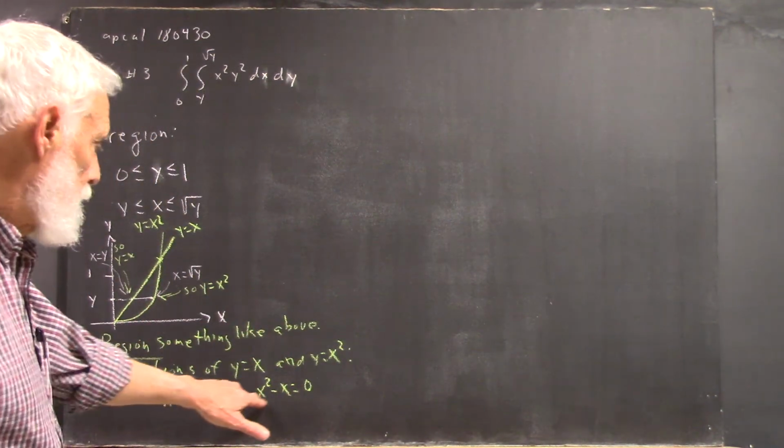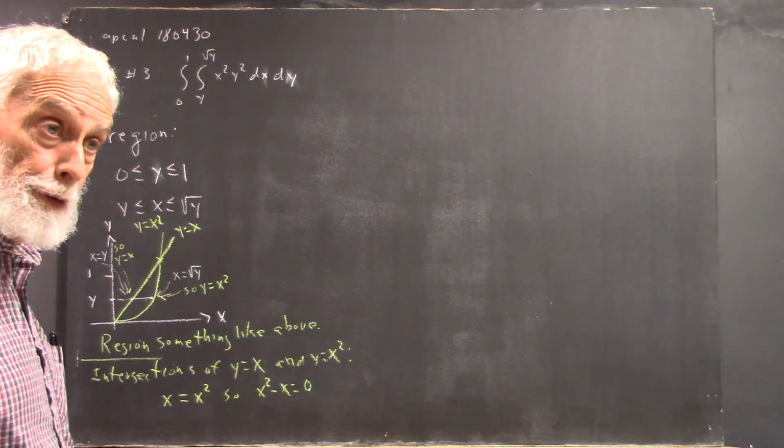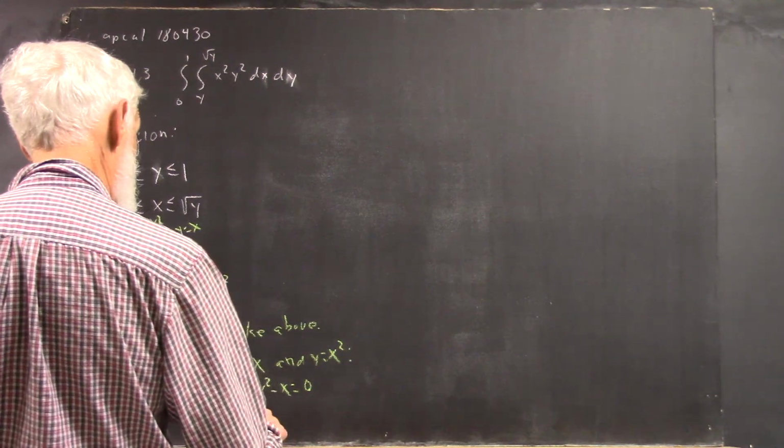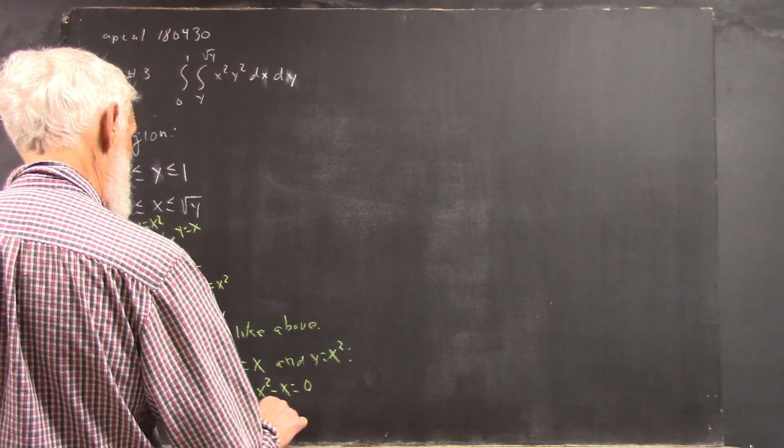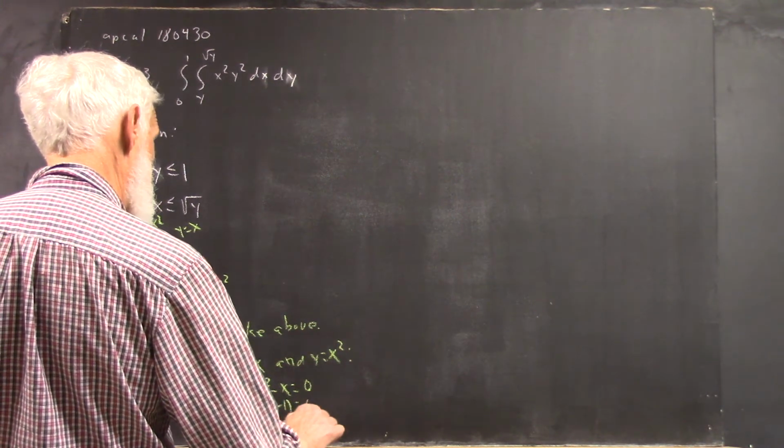Okay, so that can be arranged to x squared minus x equals 0. So that x times x minus 1 equals 0.